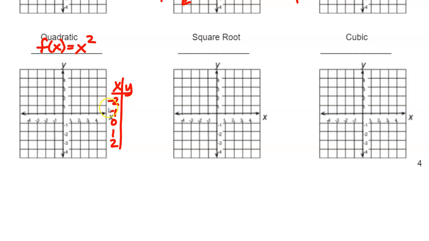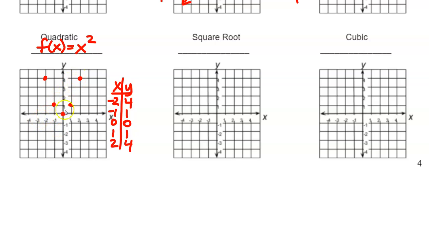So negative 2 squared is the same as negative 2 times negative 2, which is 4. Negative 1 squared is the same as negative 1 times negative 1, which is 1. 0 squared is 0. 1 times 1 is 1, and 2 times 2 is 4. Now we can graph these points, negative 2, 4, negative 1, 1, 0, 0, 1, 1, and 2, 4.